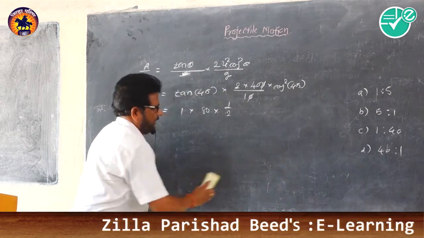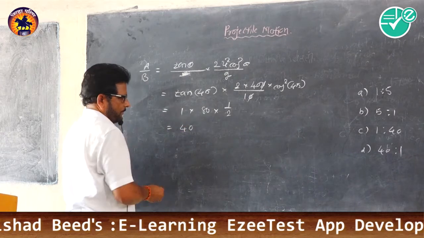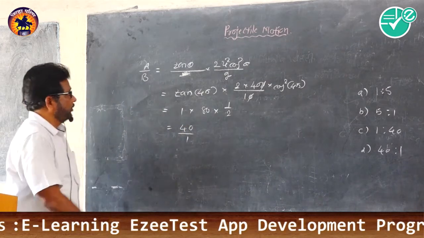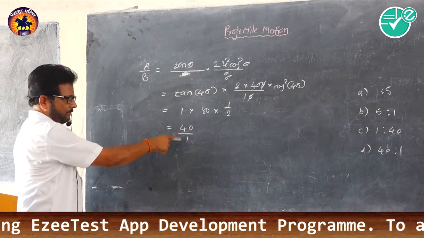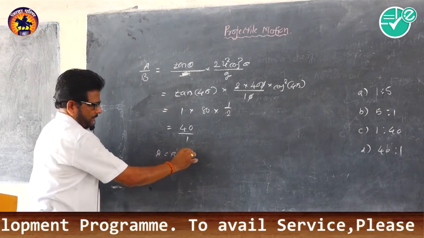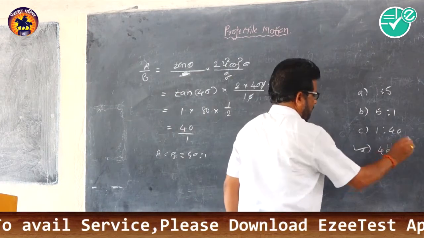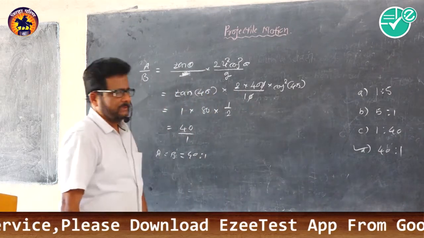That means A upon B is equal to 40 by 1, and therefore the ratio A as to B is equal to 40 as to 1, and therefore this D option is correct.